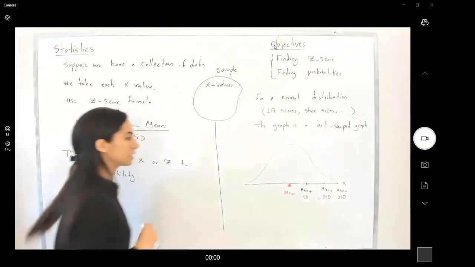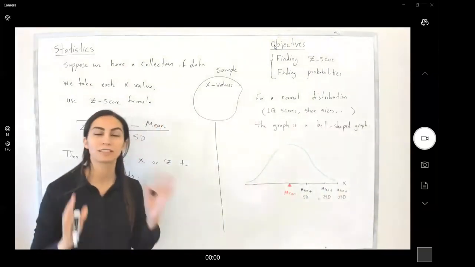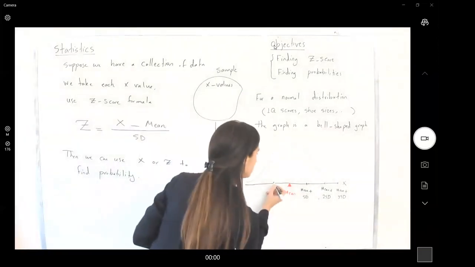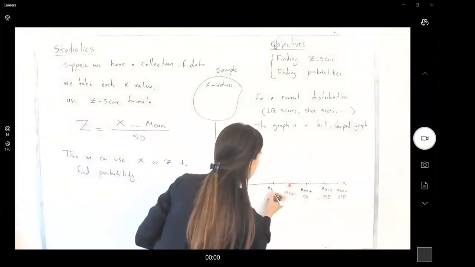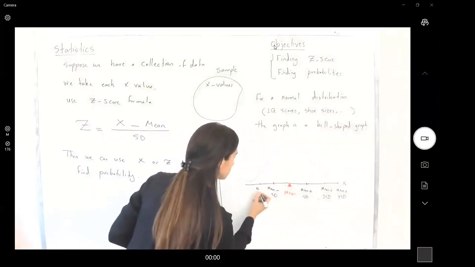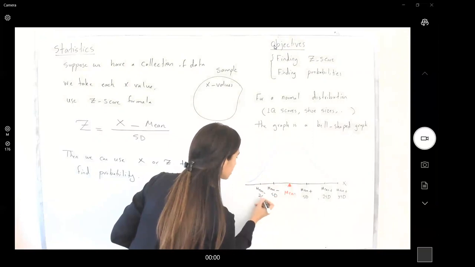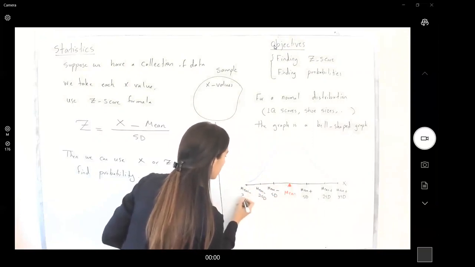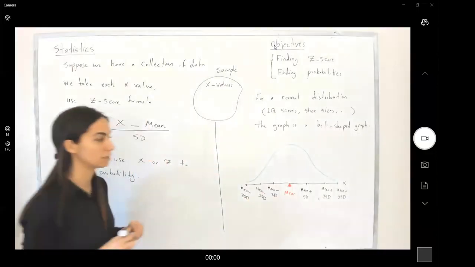We get the same scaling on the left-hand side, but instead of adding, we subtract: mean minus 1 standard deviation, mean minus 2 standard deviations, and mean minus 3 standard deviations.